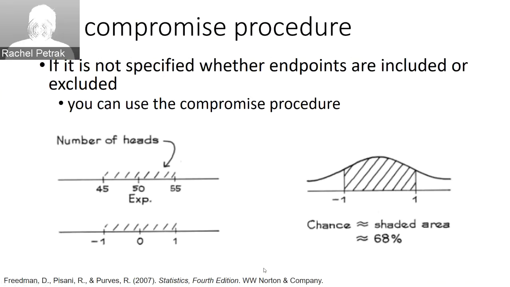Thus, we end up splitting the two end rectangles in half, and it doesn't give quite as much precision, but it's still very effective. And usually the exercises can be worked using the compromise procedure. Like I said, keeping track of the endpoints, as we did previously, does have an official name.